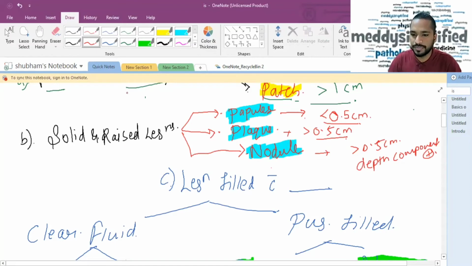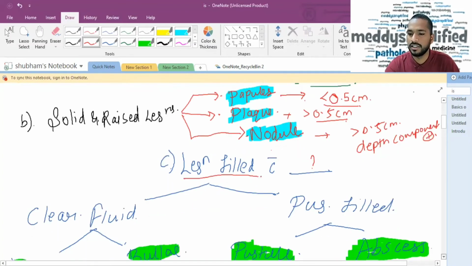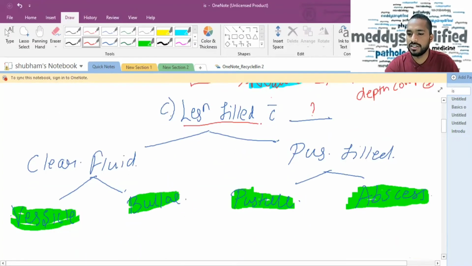Now going further, we will talk about the lesions which are filled with something, right? Lesion filled with something, and this question mark which I have put, it can be pus or it can be a clear fluid. If this lesion is filled with a clear fluid, it can be vesicle or bullae.